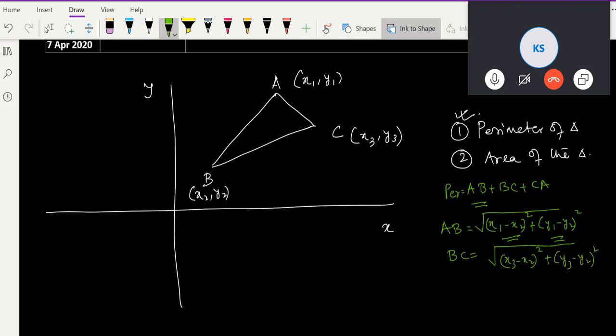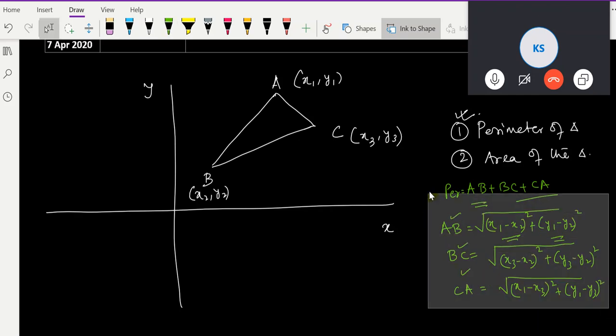And CA, x1 minus x3 squared plus y1 minus y3 squared. So when you are given the values of x1, x2, x3, y1, y2, y3, you can find out all of this and simply add them. That will give you the perimeter. So this is very simple.